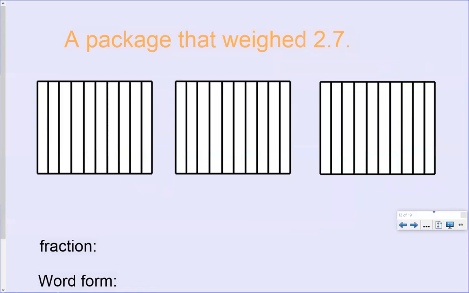If I needed to show my package in an image, 2 and 7/10. Notice my grids are in tenths, as they should be. Who can explain how that would need to be shaped? Samuel, what do you say?